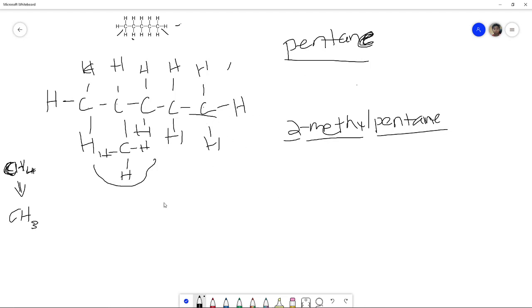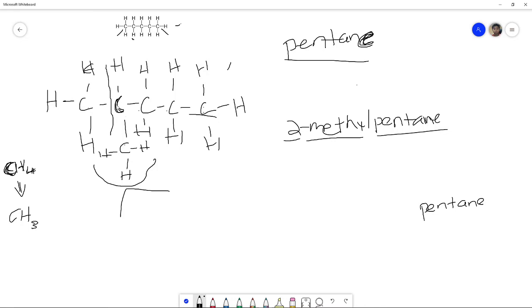Now let's do the shape that would be this, where we had this carbon, this carbon, this carbon, this carbon, and this carbon. So it's still a pentane because we count 5 continuous carbons. So it's going to have pentane in it. And if we use this, we can still see that there's a methyl group at the end of this carbon.